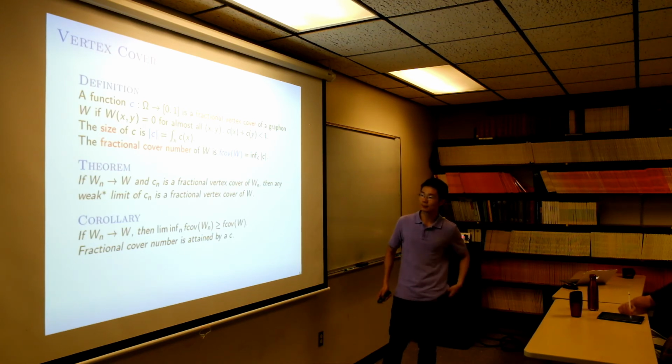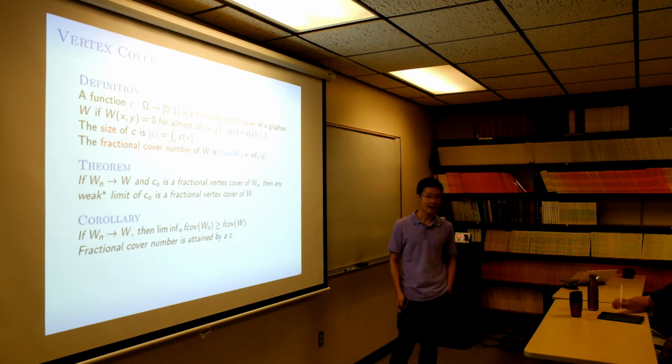Because you can just take Wn, so here we have a sequence Wn whose limit is W, right? And to prove this corollary, you just take all Wn to be W itself. And then, we say it is an inf, right? Which means you have a sequence of fractional vertex covers whose values converge to the fractional vertex cover number of W. And then you just take a limit of this sequence, and it will give you the desired cover with that number.